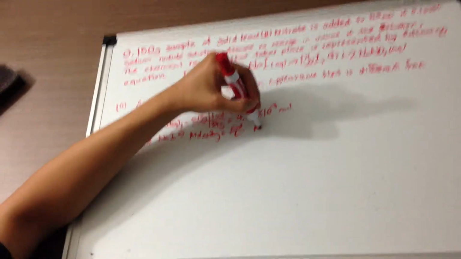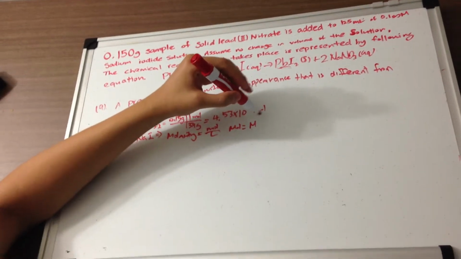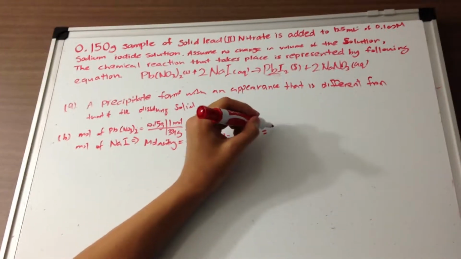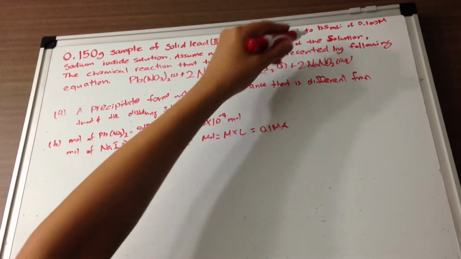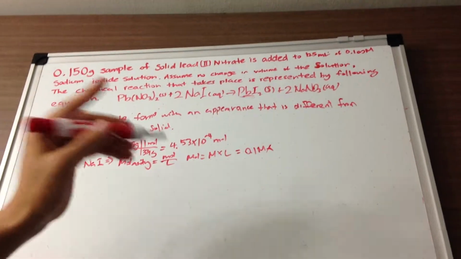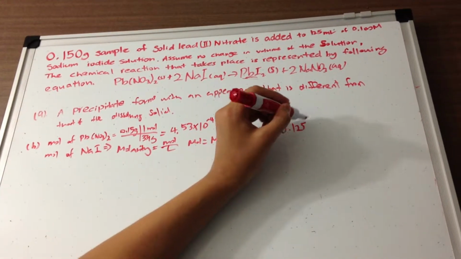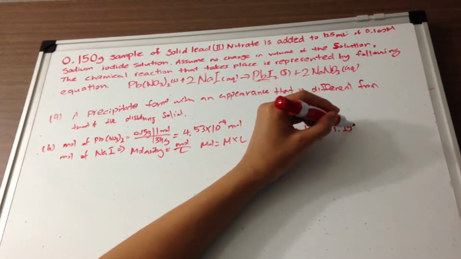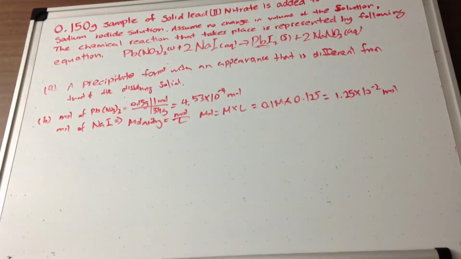So in order to get moles, you have to get molarity times the liters. So which is 0.1 molar times, this is in milliliters, so you have to convert it into liters. So it's going to be 0.125 liter, which results in 1.25 times 10 to the negative 2 mole.